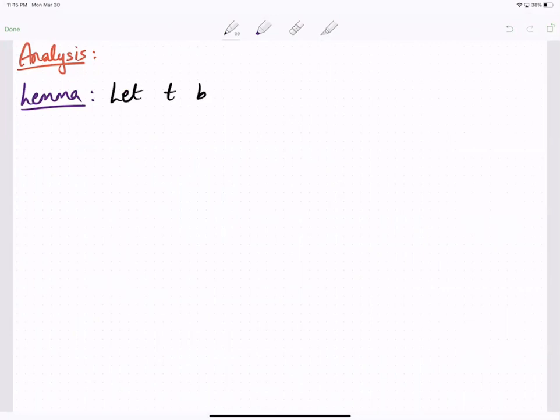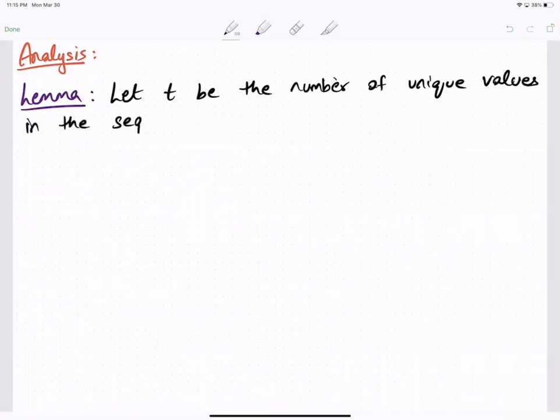Let T be the number of unique values in the sequence alpha 2, alpha 3, and so on. I hope you remember the definition of these alphas. Alpha i is the distance between the closest pair of points in the first i points.